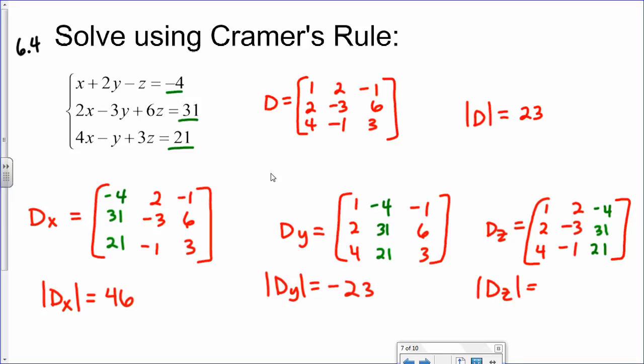Okay, and then the determinant of Dz is 92.